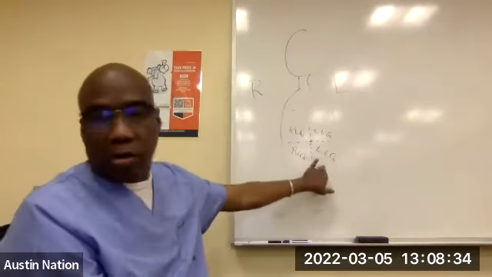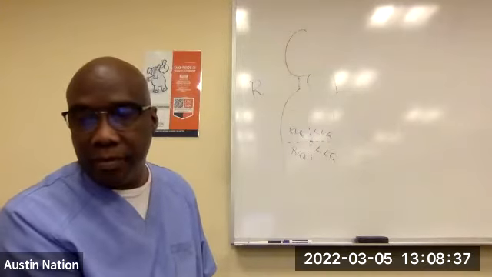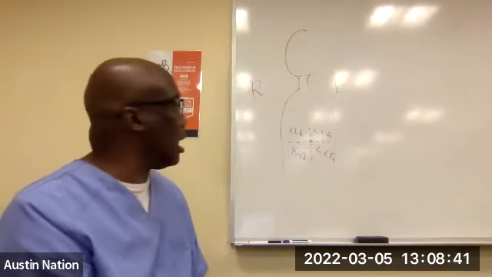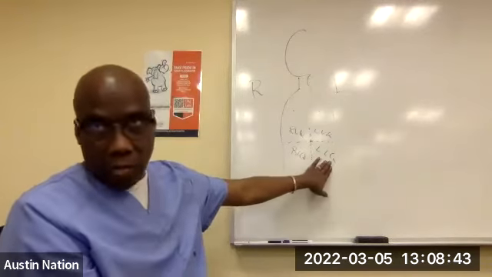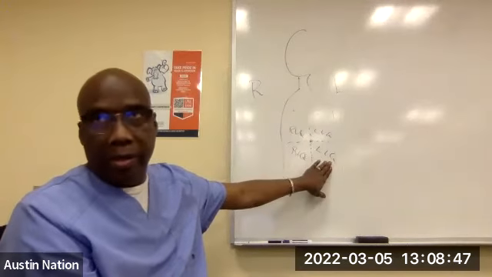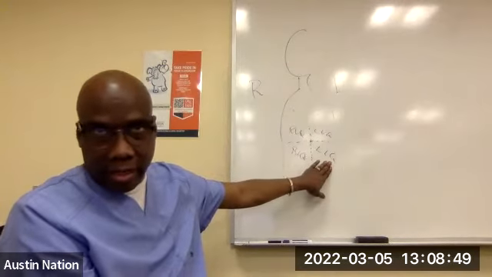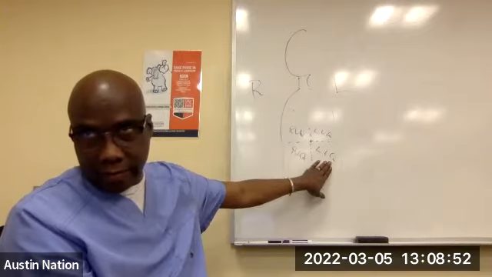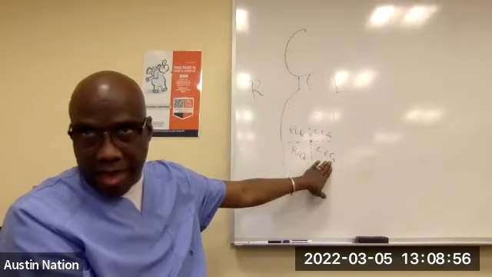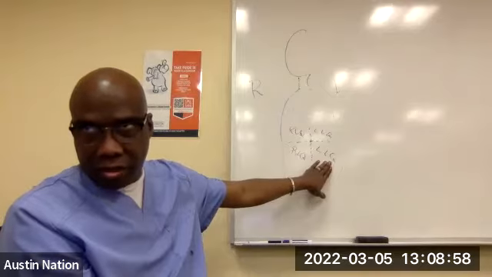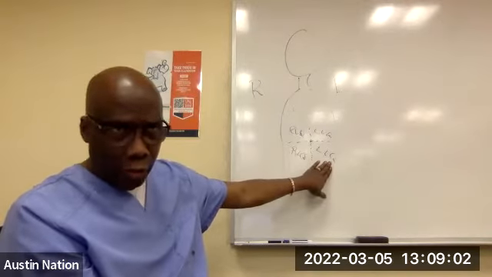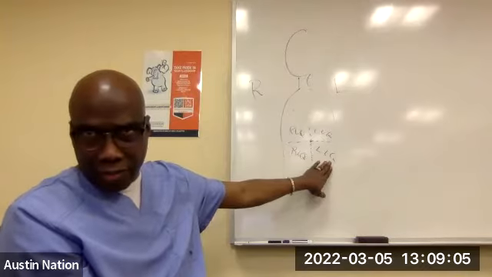And then left lower quadrant lives what? Sigmoid colon, descending colon. What lodges and gets stuck here? Poop. This is the end of the line. So if I'm palpating here and I feel hard, nasty, solid stuff, my first question before I go in, my God, you have a tumor, what might I ask first?